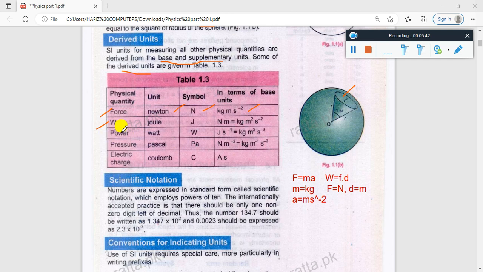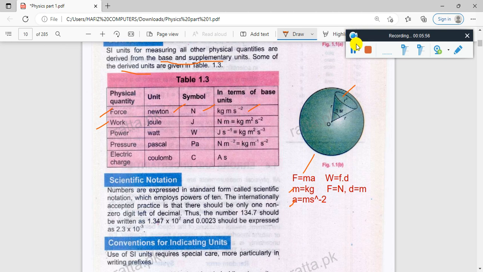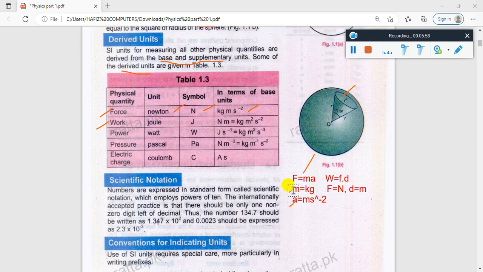So next one is the force. Force is written as F is equal to ma, where m is the unit of mass, kilogram, and a is equal to meter per second square. When you write both the units of mass kg and of a, you will get the unit of force, Newton.